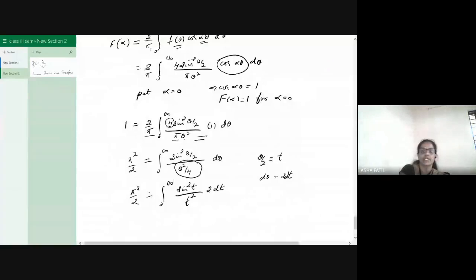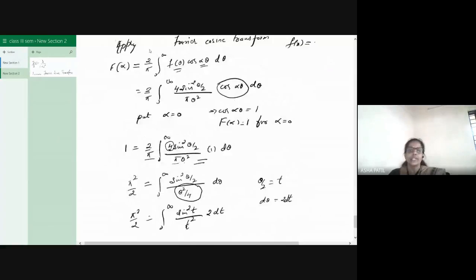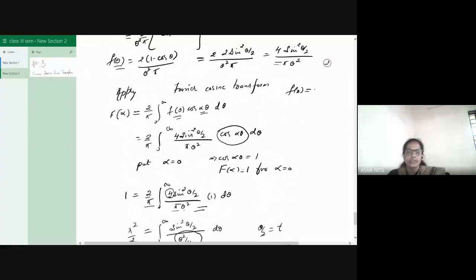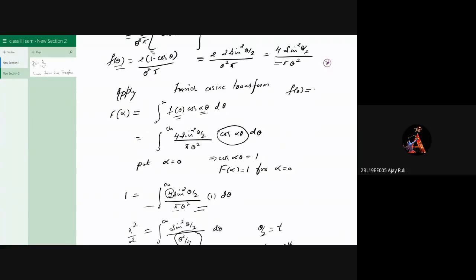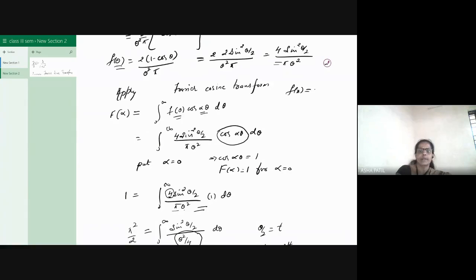The mistake is that we did not correct this. Wait. We wrote Fourier cosine transform. Then the constant will not be there, no? I had written inverse, so I had taken this 2 by pi. So this 2 by pi will not be there. Yes, ma'am. It will not be there because we are taking only the Fourier cosine transform.